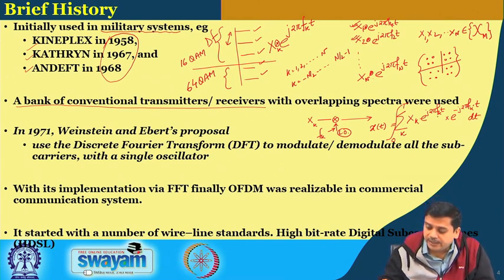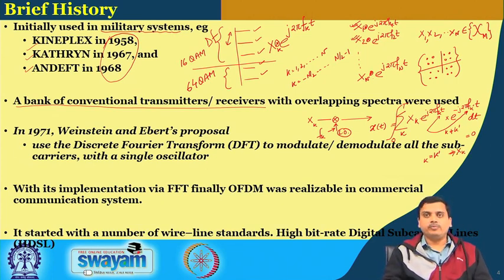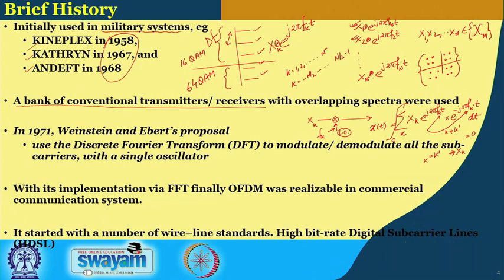When k is not equal to k', this entire thing ends up as 0, and when k is equal to k', the entire thing ends up as x_k. That means the multiply, accumulate and integrate operation gives the symbol, otherwise it is 0 by virtue of orthogonality.